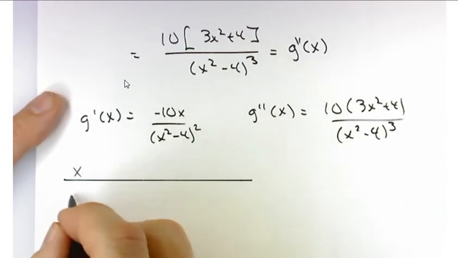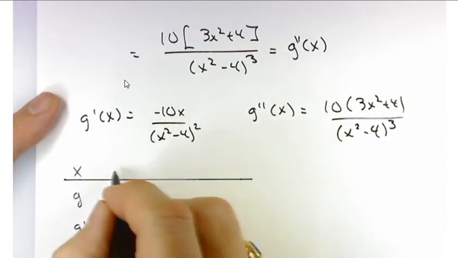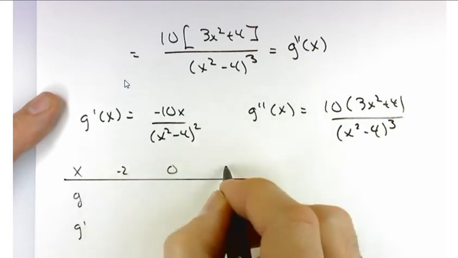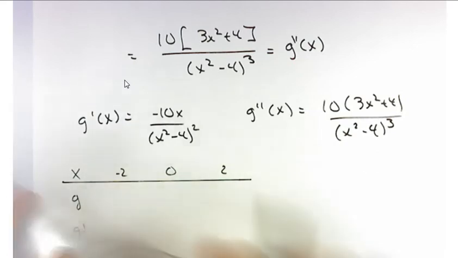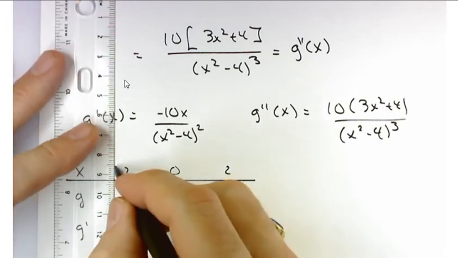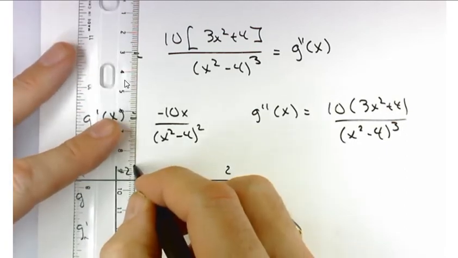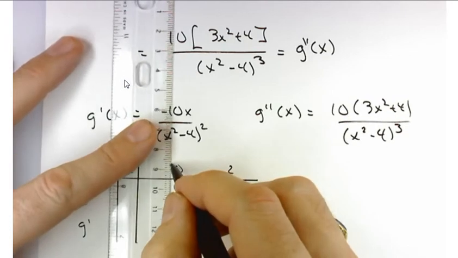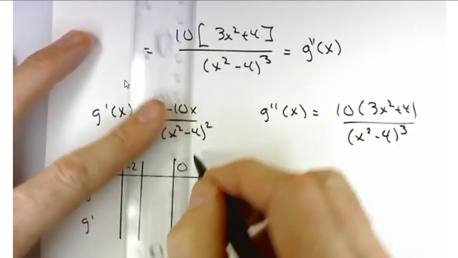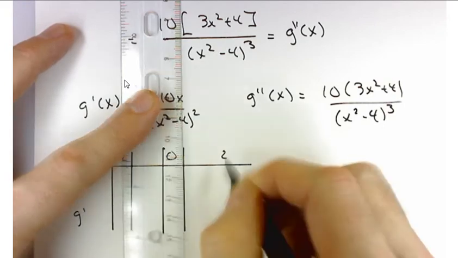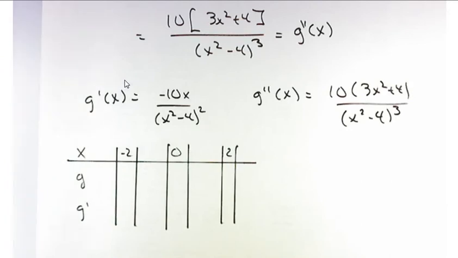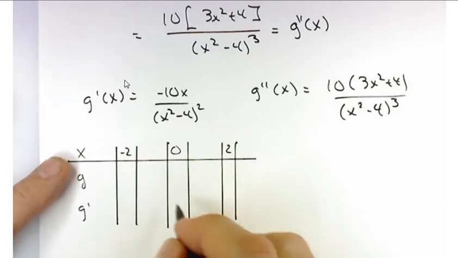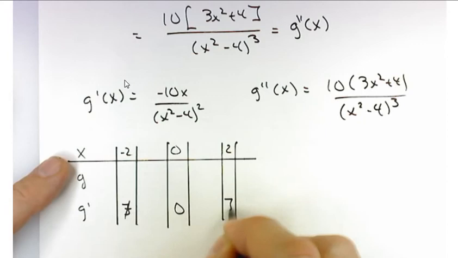X, g prime, negative 2, 0, and 2. Okay, the derivative is 0 here. It doesn't exist at these points. That's fine.